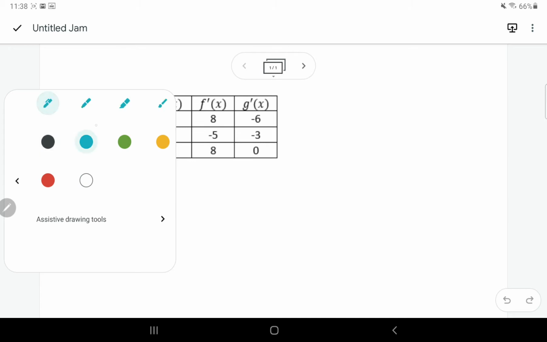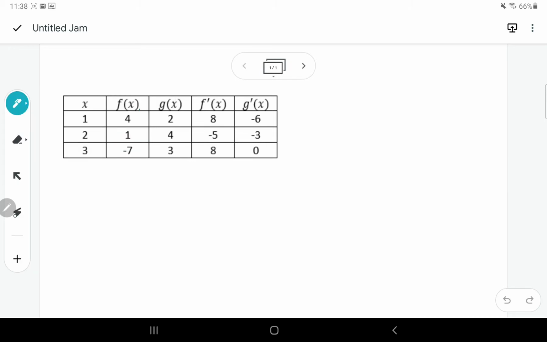So basically, if you look at this column, these are all values of f at x for the given x value. So what this means is that f at 1 equals 4, f at 2 equals 1, and f at 3 equals -7.